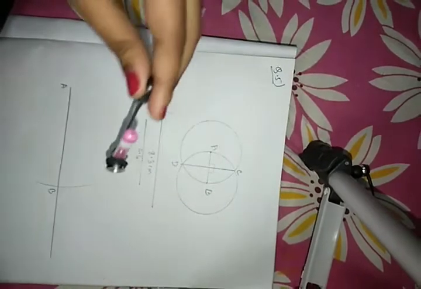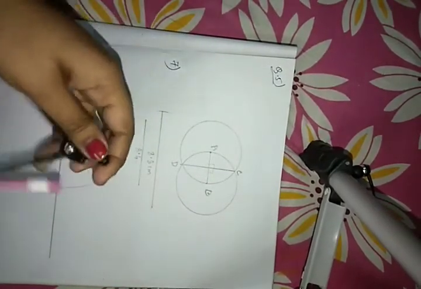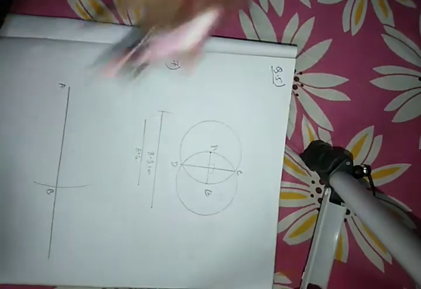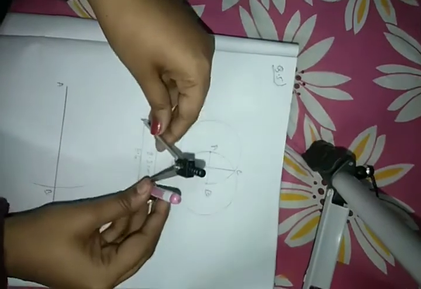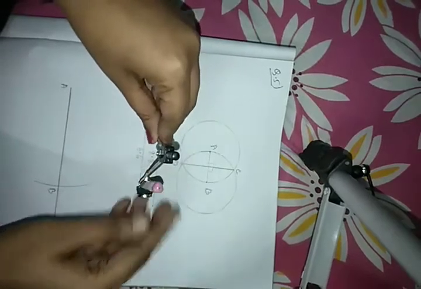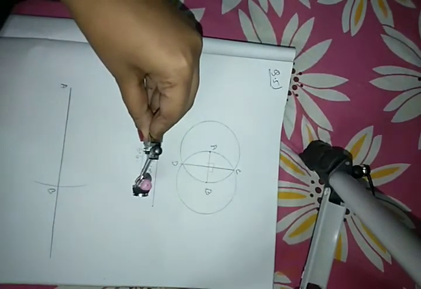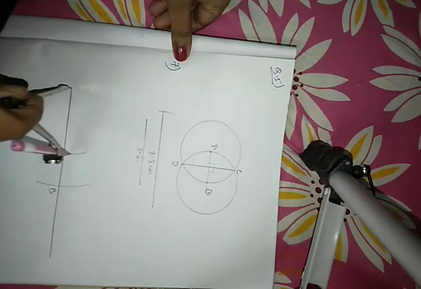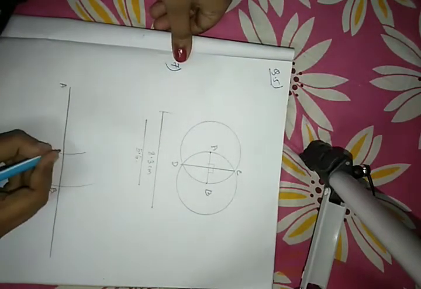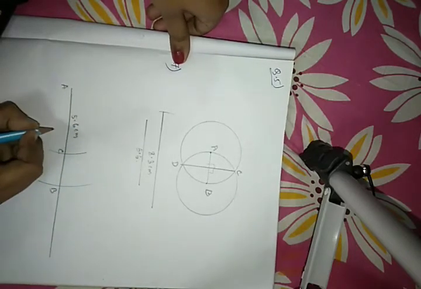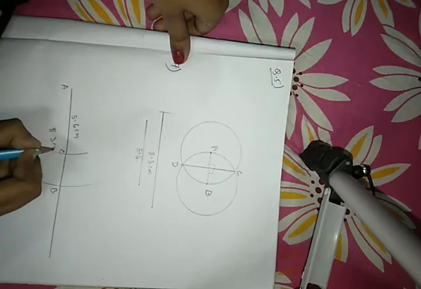Now what is asked in the question, that cut off AC of length 5.6 centimeter from this section. So now we will take the length 5.6 centimeter, and we will put again here, and we will cut this length 5.6 centimeter. So this is AC, which is 5.6 centimeter, and this is AB, which is 8.3 centimeter.